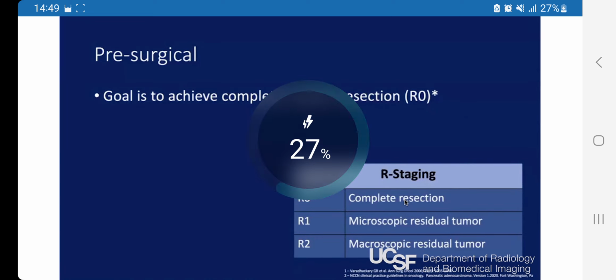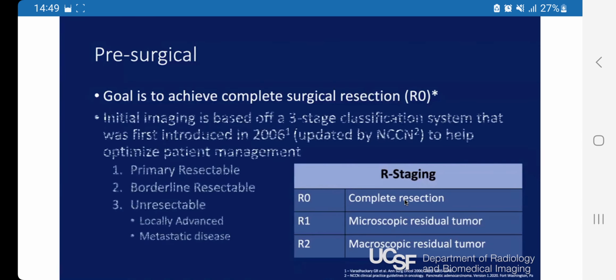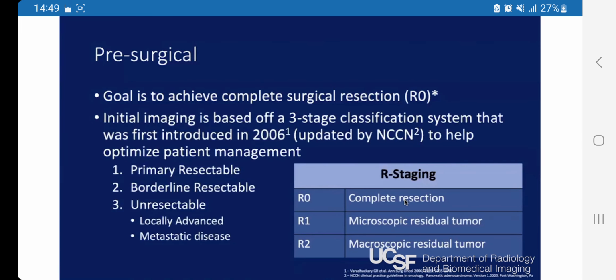In imaging, we have our own staging system, which somehow reflects this. It was introduced in 2006 and updated sometime later by NCCN. This staging system categorizes the pancreatic tumors into primary resectable, borderline resectable, or unresectable.